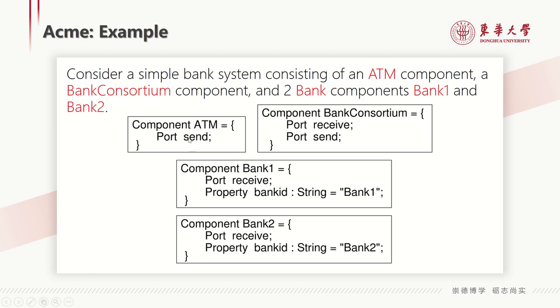It has a port send, and component BankConsortium has two ports: port receive and port send. Component Bank1 has a port receive, and also a property bankID to show this is Bank 1. Also this one has a port receive, and the bankID shows this object is Bank 2.